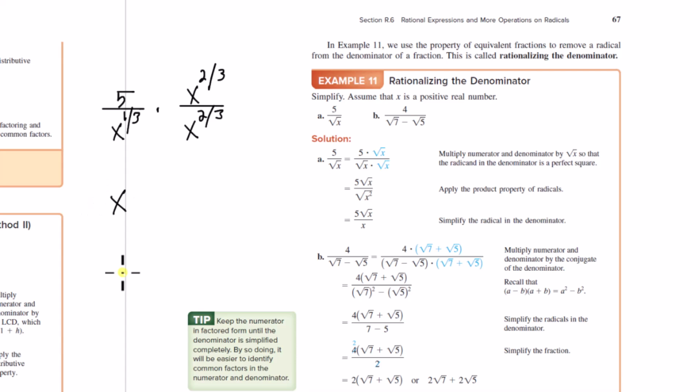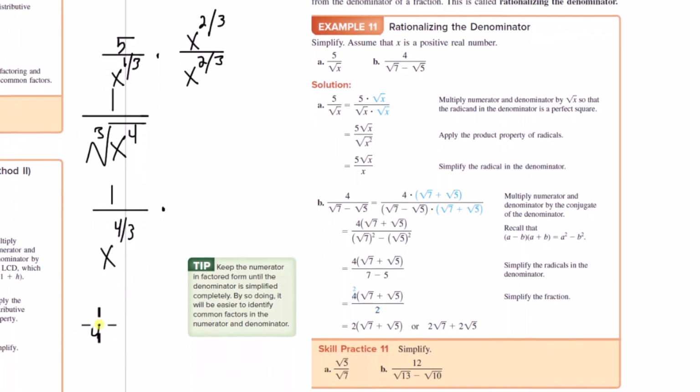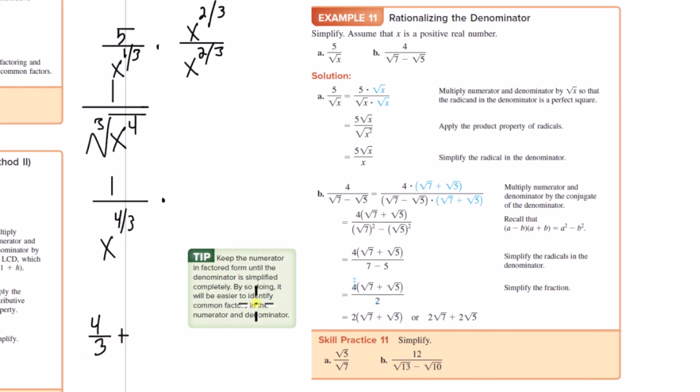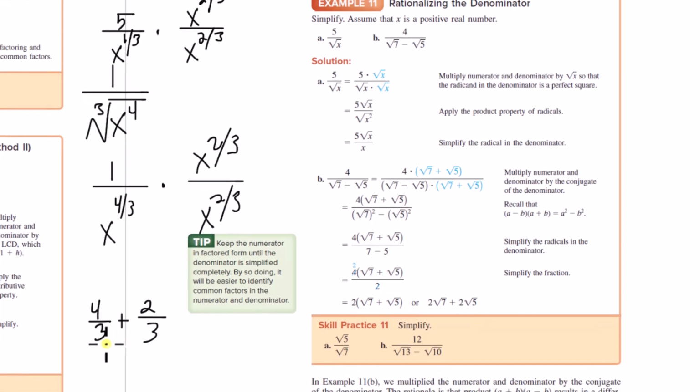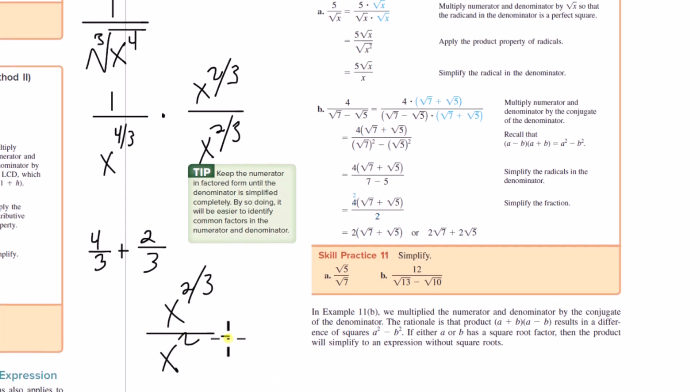Let's switch this. Okay, so here you've got x to the 1 over x to the 4/3. Well, you can't multiply by something that adds to 1, because 4/3 is greater than 1. So you need to do 4/3 plus, would it be 2/3? Yeah, so you need to multiply by x to the 2/3 like this. And then 2/3 plus 4/3 is 2, so you'll get x to the 2/3 over x squared. And you've still rationalized it now.